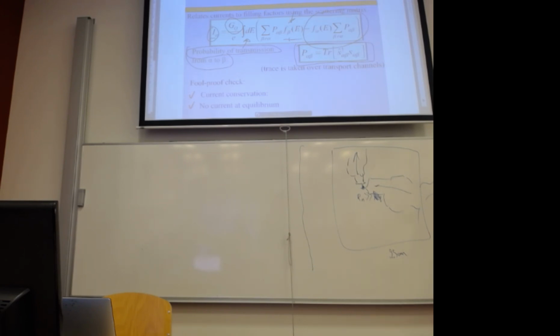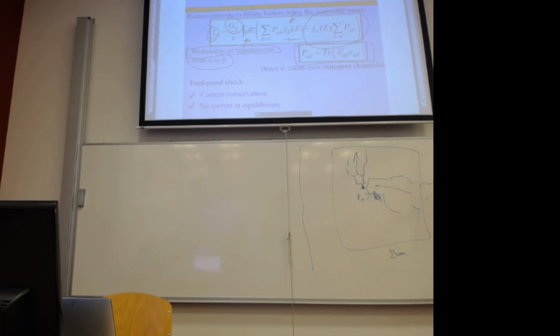There are also electrons coming in terminal alpha. If all these electrons are reflected, then there will be no contribution to the current. So I need to count how many electrons have been transmitted.